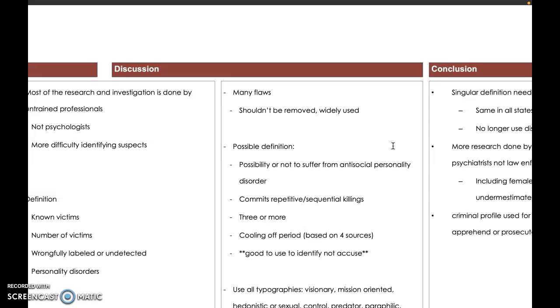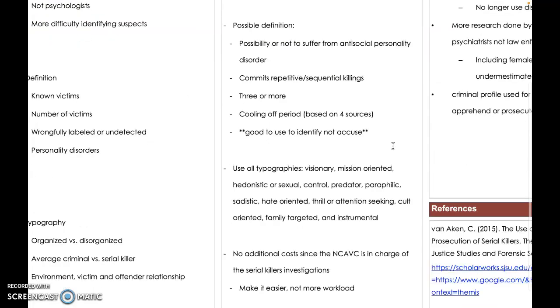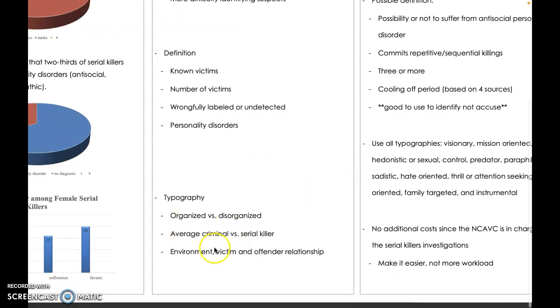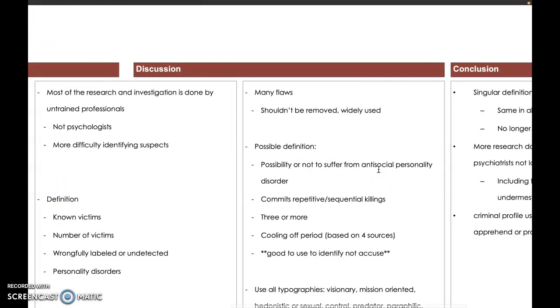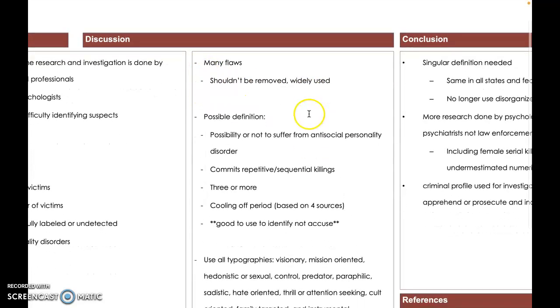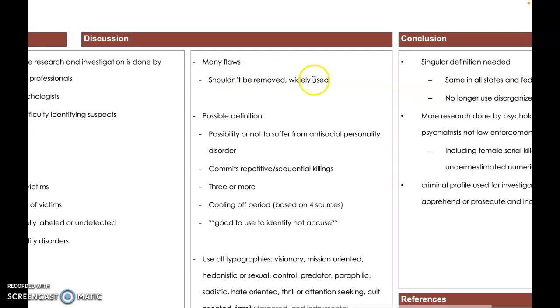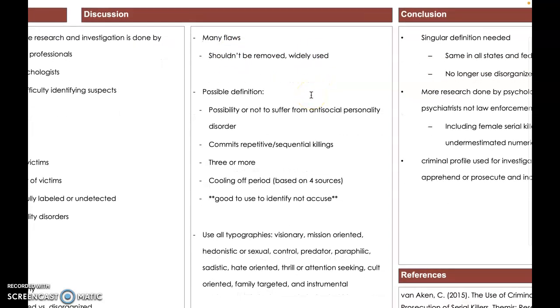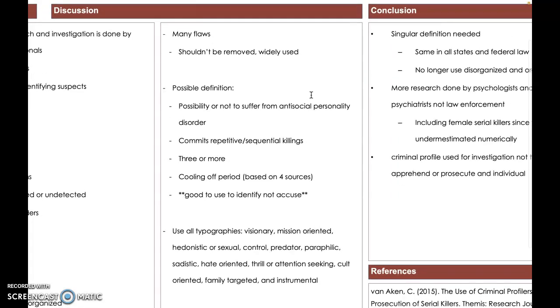It would be more focused, I guess, in a sense. It would be concise, and it wouldn't be as open to having more than one possible offender. Again, many flaws generally shouldn't be removed, but the definition is widely used, so broaden it a little bit more, because it's a little too strict.